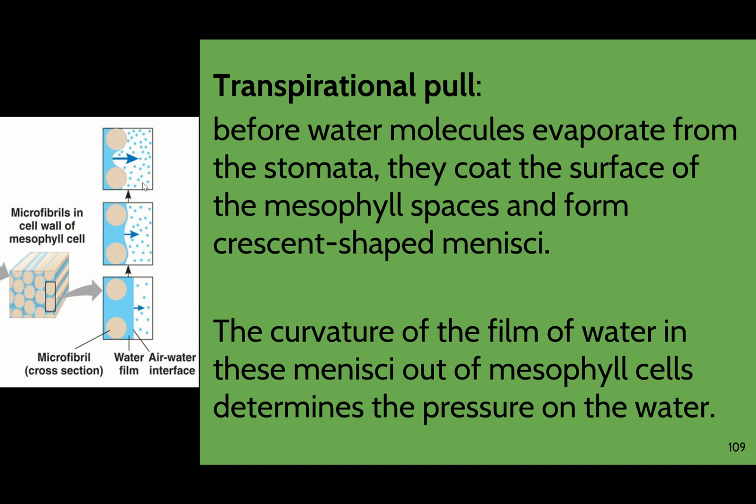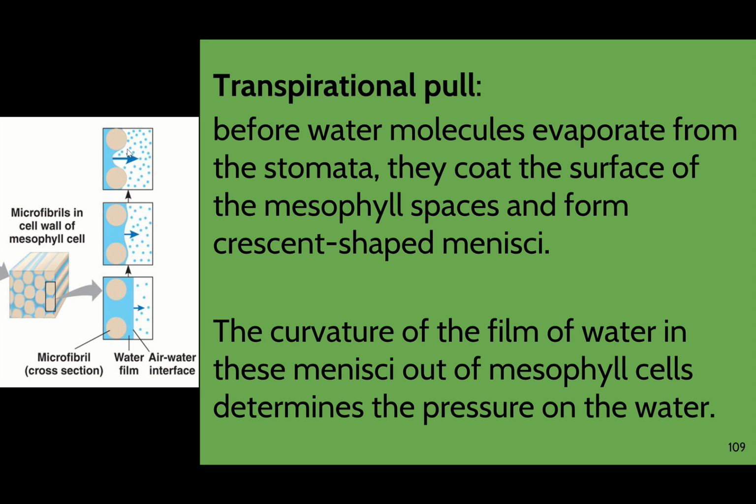Now, depending on the water potential of the air around those mesophyll cells, the curvature of the film of water is going to change. So if the area around the mesophyll cells has a very low water potential, it is going to have a stronger pull on the water, on the film around the mesophyll cells.